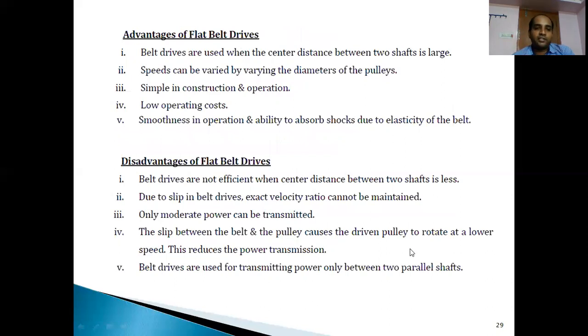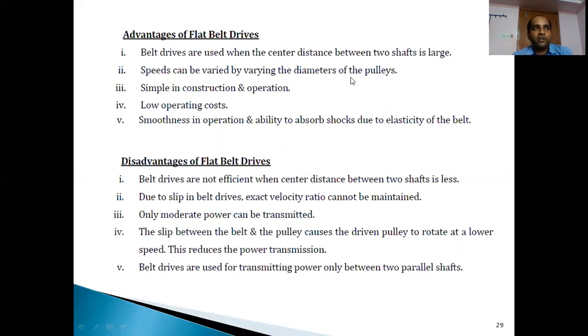Some of the advantages: we need to understand why we prefer flat belt drives. Belt drives, as I told you, are especially used for transmitting power when the center distance between the shafts is very large. Here you can also vary the speed: if you vary the diameter of the pulleys, you can control the speed.